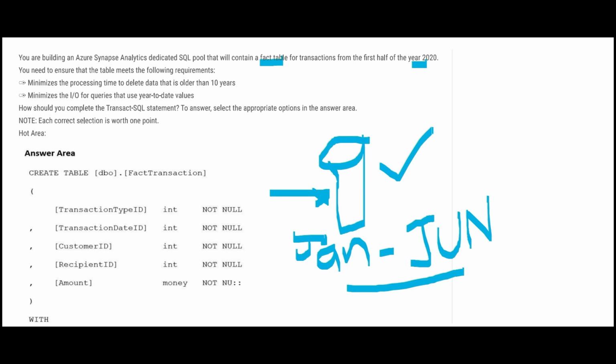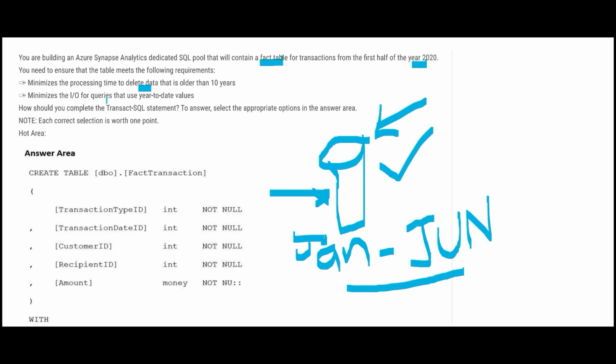Now, the important thing: you have to minimize the processing time to delete the data. This is of utmost importance. Suppose data is older than 10 years, you want to remove it from this database. So your design should take into account that the delete operation is efficient. The processing time should not be high there.